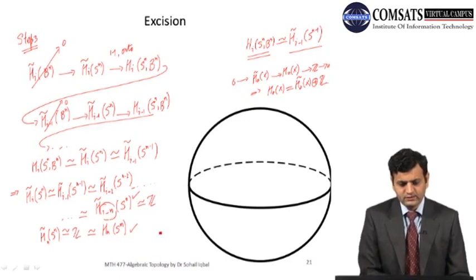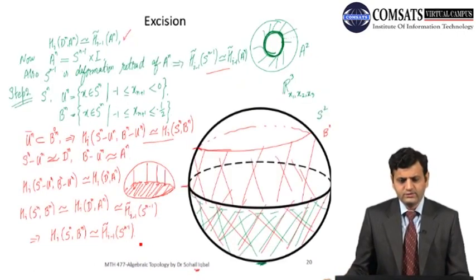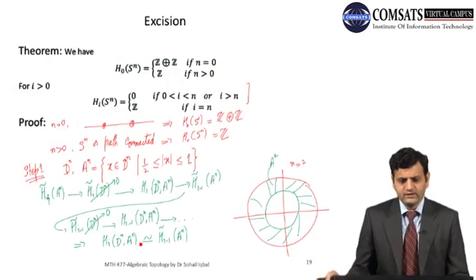So whenever i is not equal to n, then Hi of Sn is equal to 0. So let's see if that's what we wanted to prove. When i is not equal to n, we have 0. When i is equal to n, we have Z, and that's what we wanted to show.